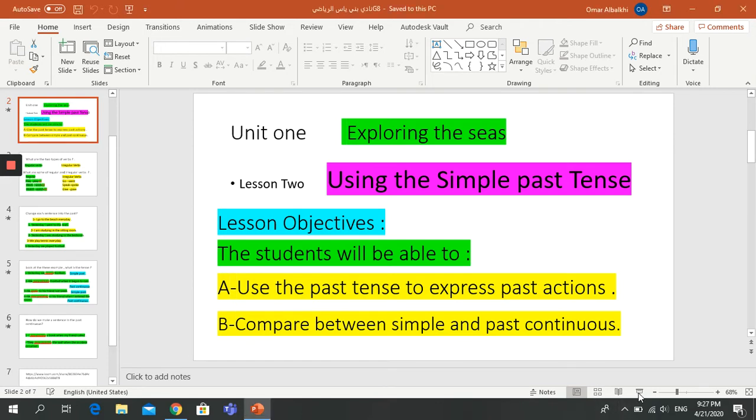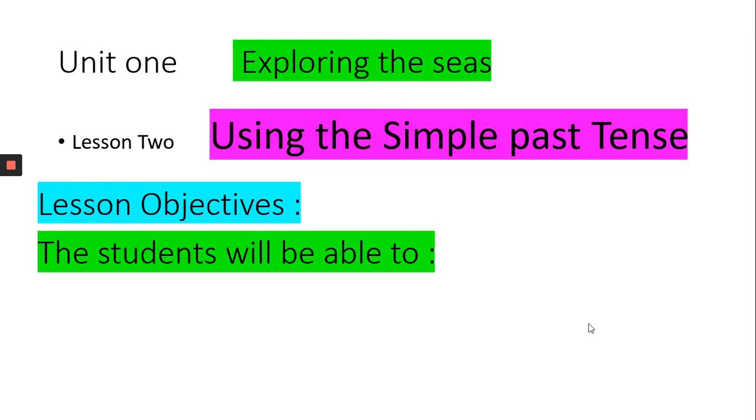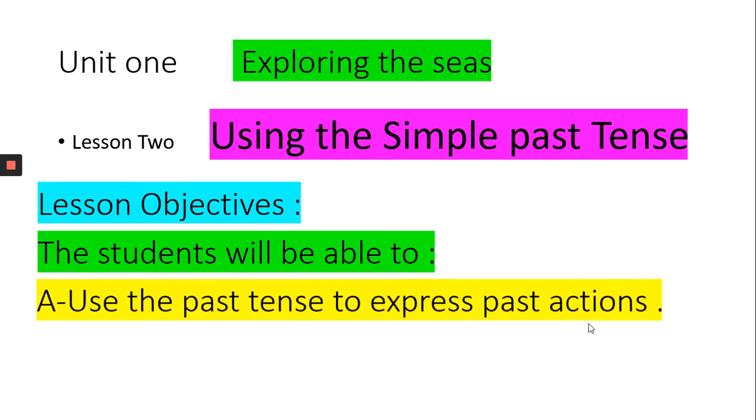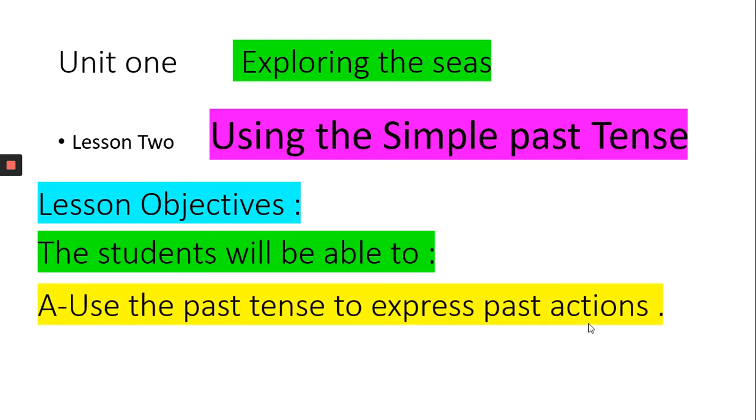If we start with the lesson objectives, what are the lesson goals that we aimed at learning this time? By the end of this lesson, we hope that our students will be able to, number one, use the past tense to express past actions.